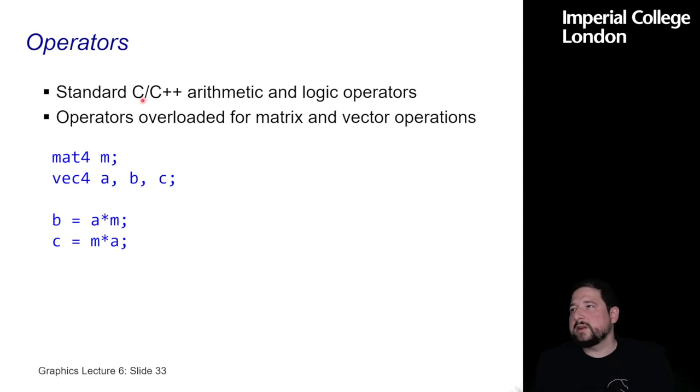So standard C and C++ arithmetic and logic operations are available. The operators are overloaded for matrix and vector operations, so you can do probably mathematically unclean operations, but you can combine and multiply just by using the multiplication operator here and then multiply the vector to the matrix here, for example.